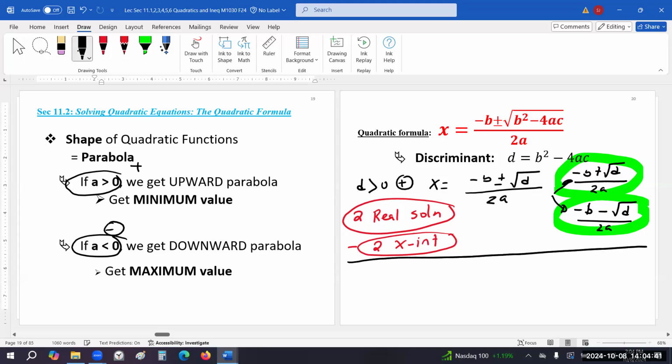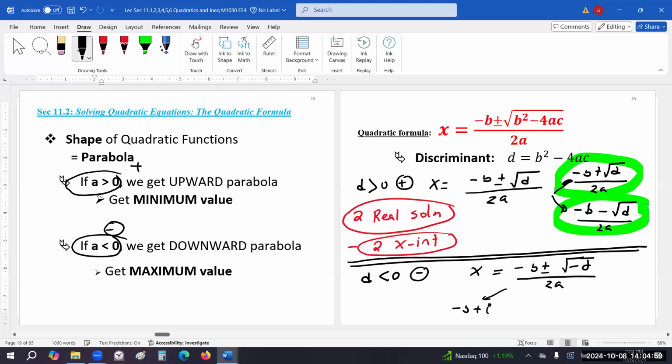And we already learned about negative. When our discriminant is negative, we have negative b plus minus square root of negative d over 2a. That gives us negative b plus i square root of d over 2a and negative b minus i square root of d over 2a.